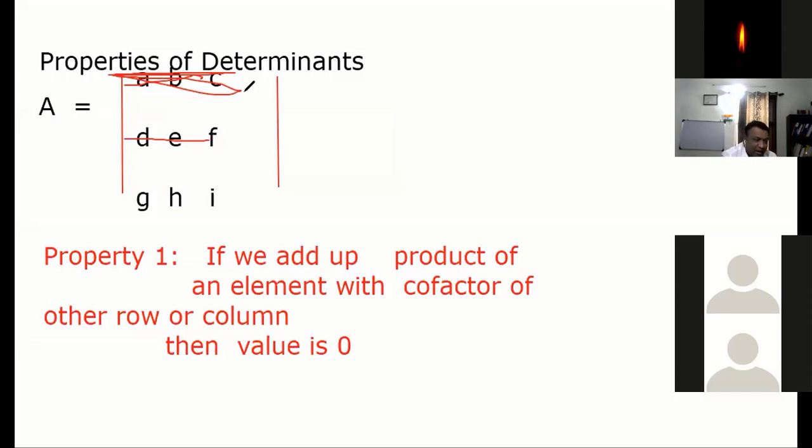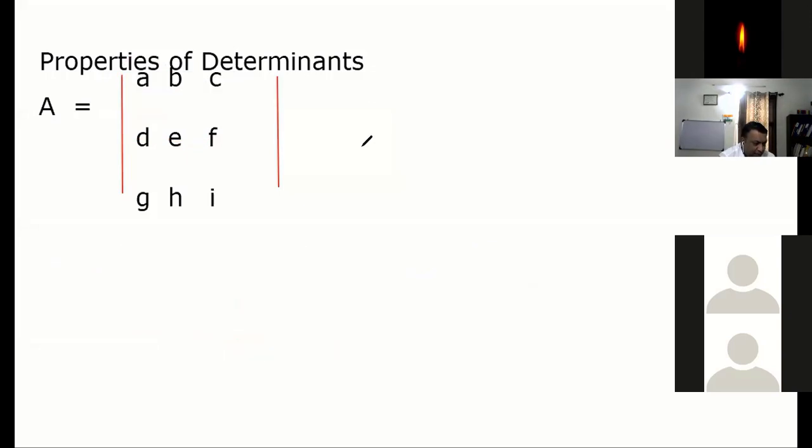Now, very, very important. Let me write property number 3. Property 3 says, if you change the rows to columns and columns to rows, the value of the determinant will remain the same.